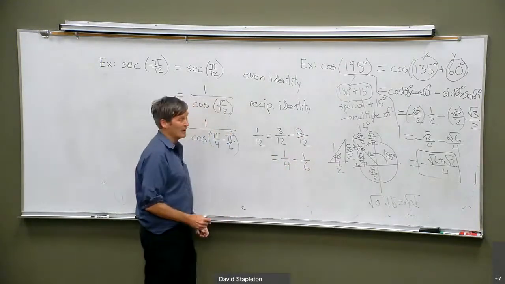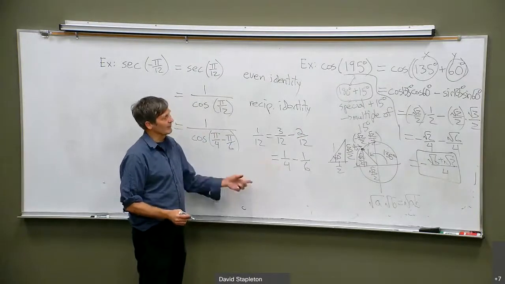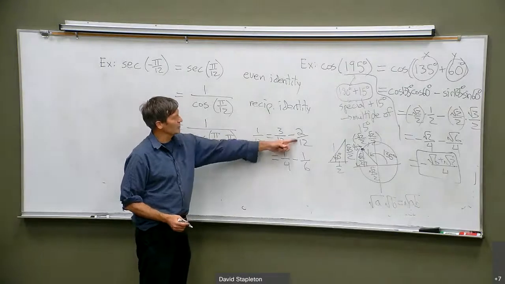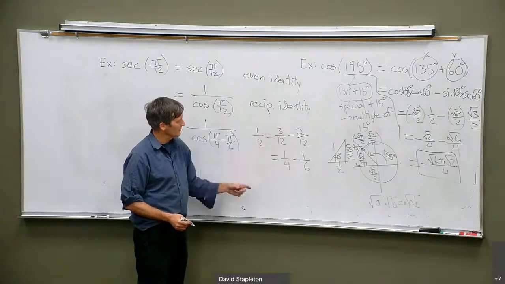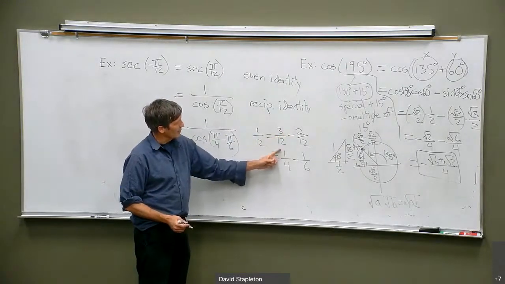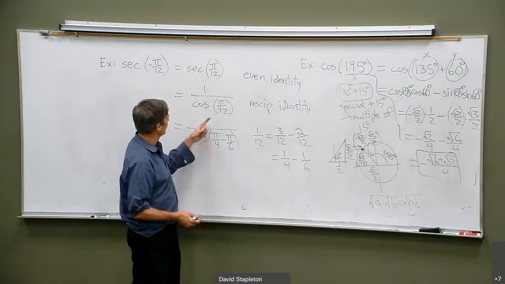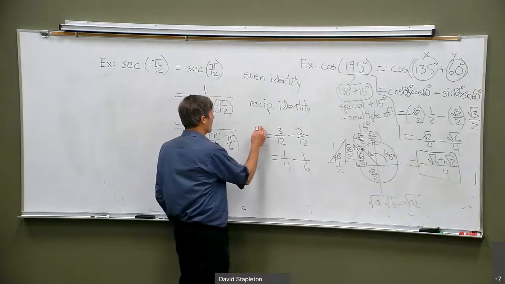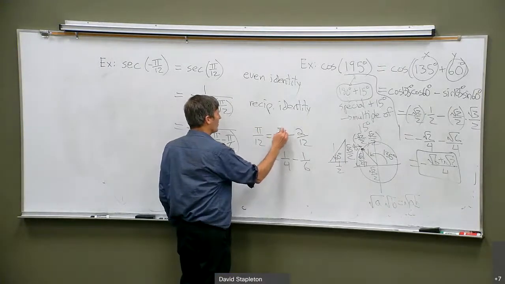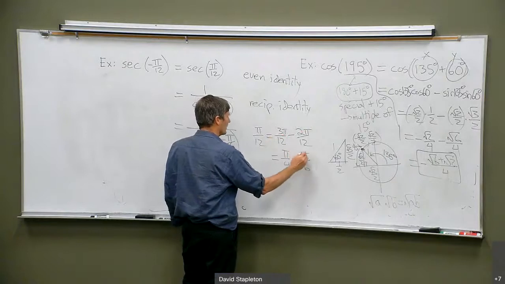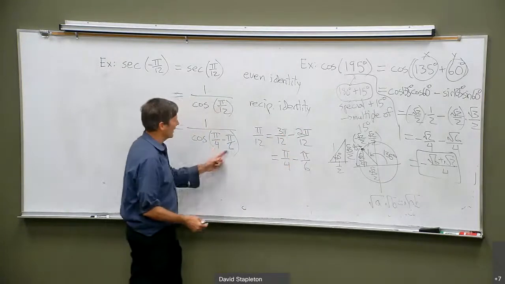For this class, it might behoove you to memorize that, right? But if not, then you can figure out 1/12 is 3/12 minus 2/12, right? 3 minus 2 over 12 is 1/12. And then you can write this one as 1/4 and this one as 1/6. And now, if you have pi over 12, you just think, oh, pi over 12 is 3 pi over 12 minus 2 pi over 12, which is pi over 4 minus pi over 6. There it is. So that's how you can figure that out.